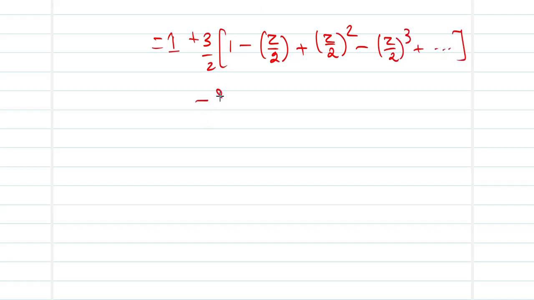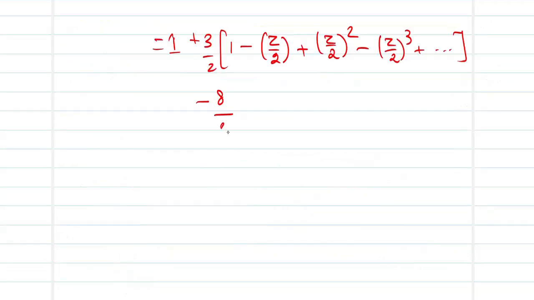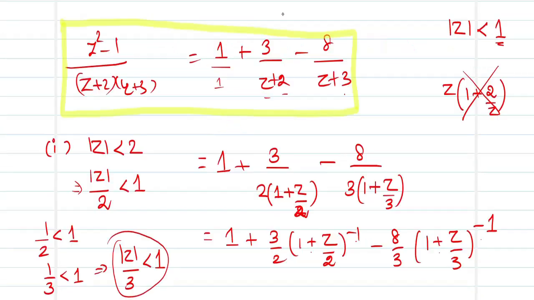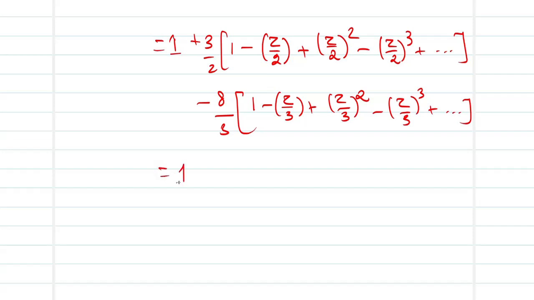What is the next term that gets generated? 8 divided by 3 times. Again we see that one is positive, the other one is negative, so you need alternately positive and negative: z by 3 plus z by 3 the whole square minus z by 3 the whole cube and so on. So final stage, I need to express them as a series.